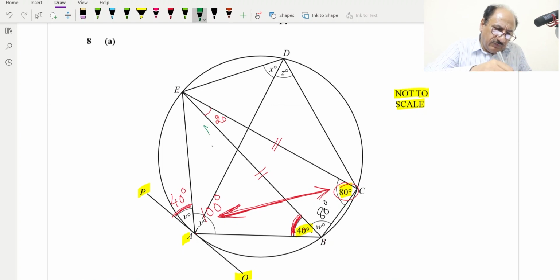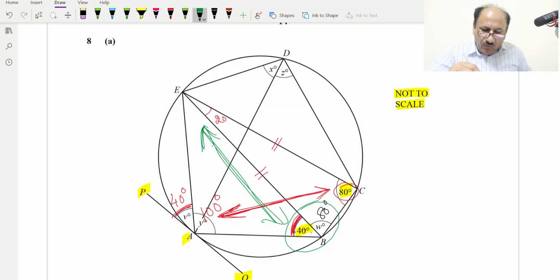These two opposite angles of a cyclic quadrilateral add up to 180. This angle is 80 plus 40 is 100, 100 and 20, 120. So this complete angle will be 60. Out of this 60, 20 is gone, so the remaining angle will be 40. This angle will be 40 degrees.